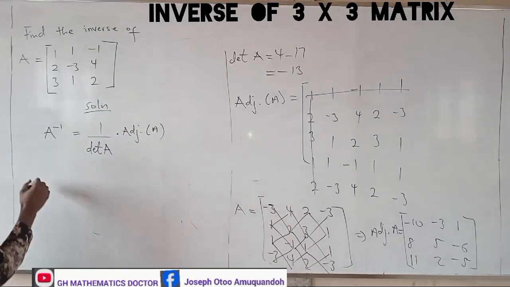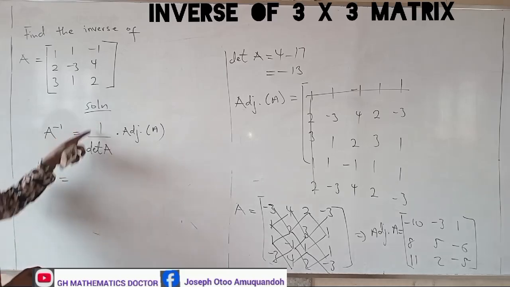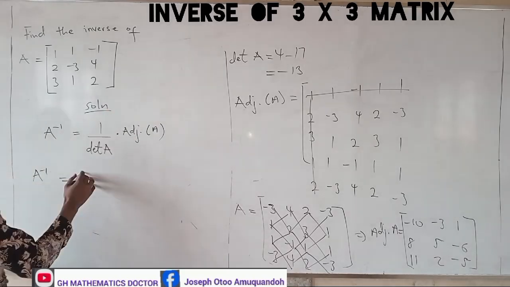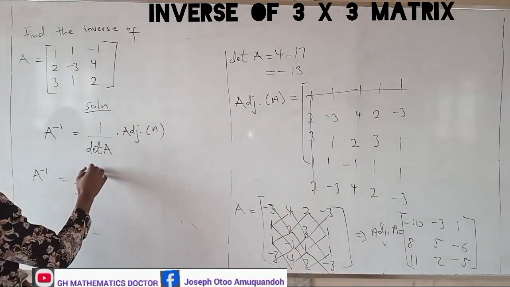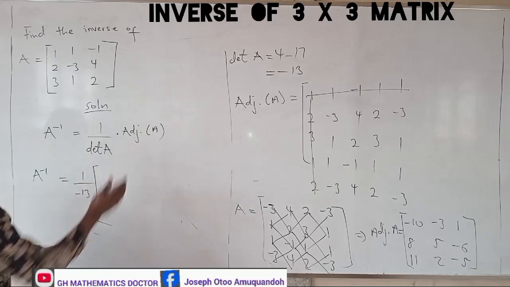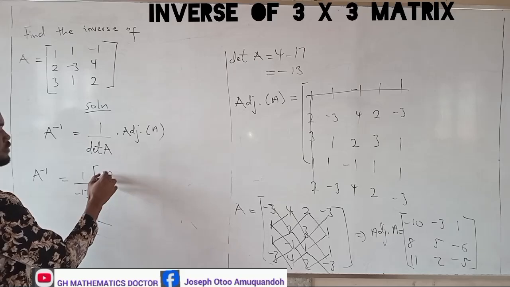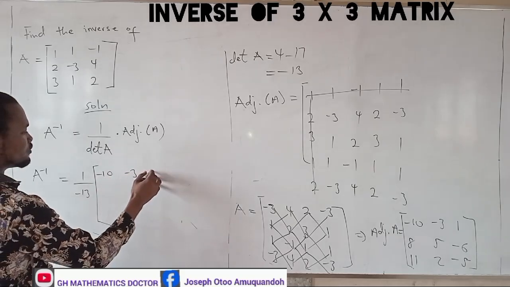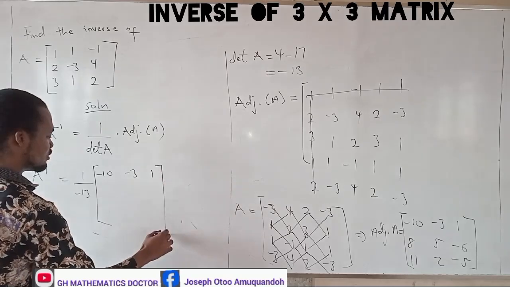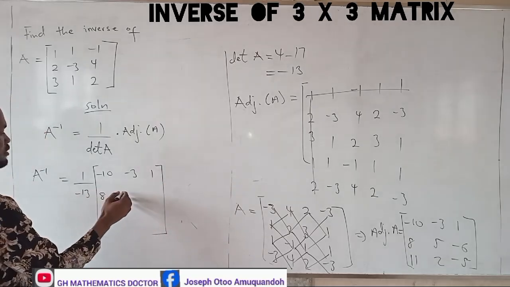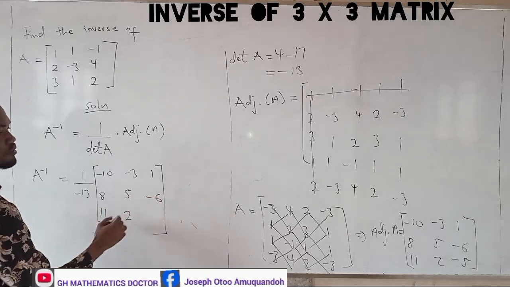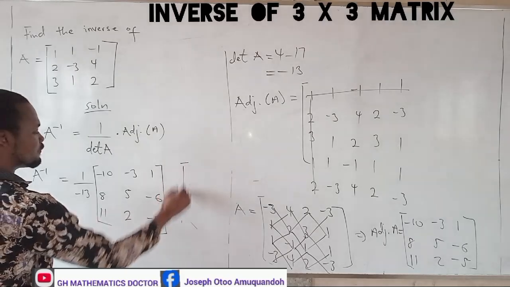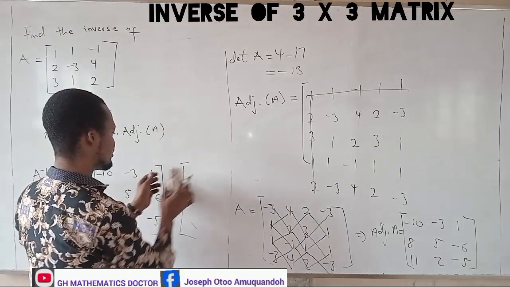So the inverse is 1 over the determinant, which is 1 over negative 13, then multiplied by the adjoint. The adjoint is here: negative 10, negative 3, 1, 8, 5, negative 6, 11, 2, negative 5.